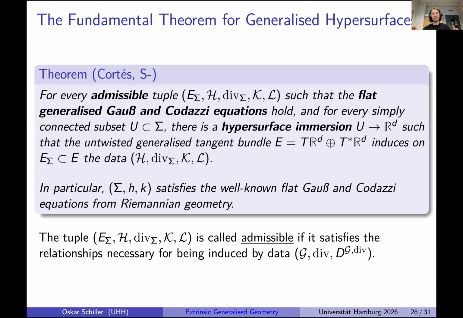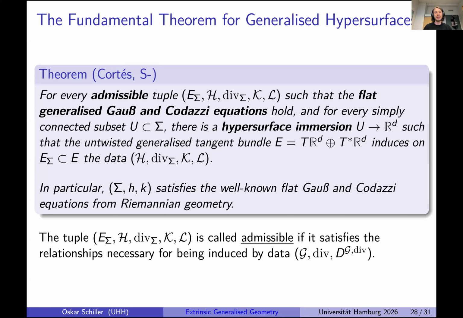It just means that these objects satisfy the relationships which are necessary for being induced by data coming from a generalized metric, a divergence operator, and then crucially the canonical Levi-Civita generalized connection. And because you make a specific choice there, the canonical connection, this implies some relationships for the extrinsic geometry. And for this theorem to make sense, you have to ask for the extrinsic geometry to satisfy these relationships.